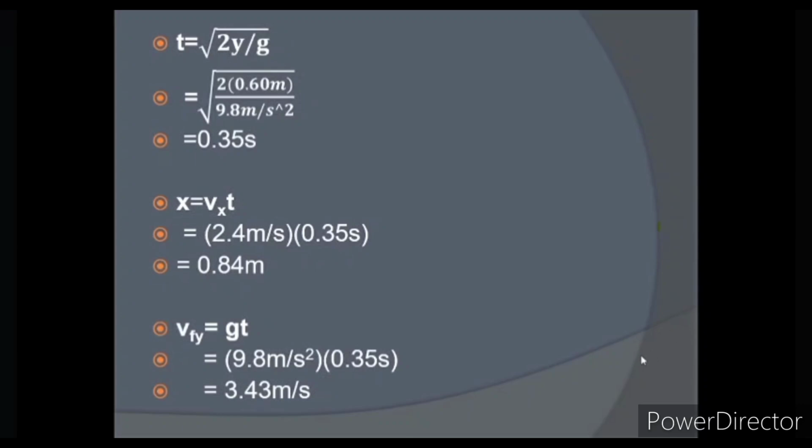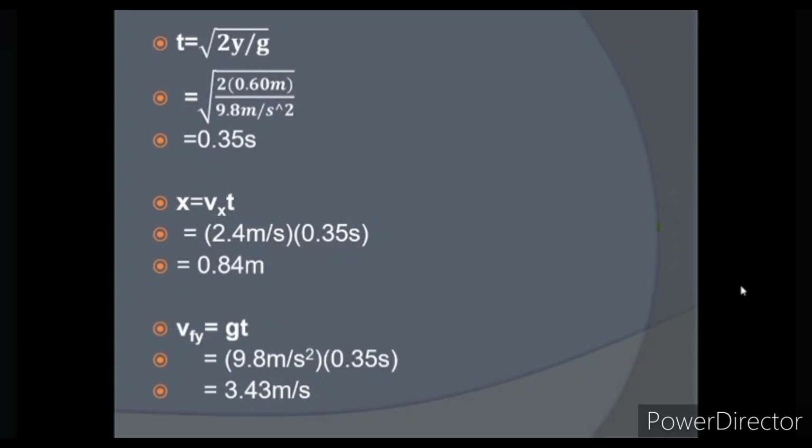Parenthesis, and then divide by 9.8 meter per second squared equals. So, the value for your time is 0.35 seconds. Round off po tayo to the nearest 2 decimal places. So, ang sagot natin ay 0.35 seconds.